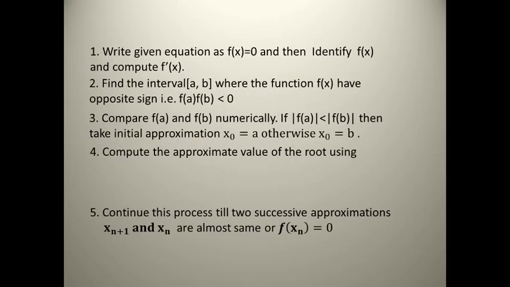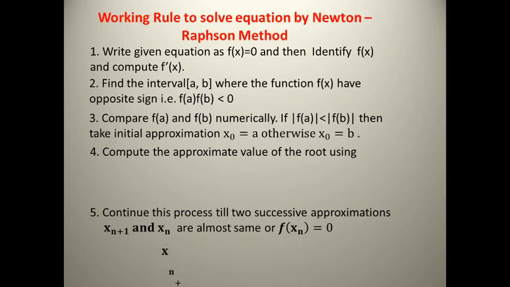Okay, so let's see what the working rule is to solve the equation by the Newton-Raphson method. First of all we will write the equation as f of x equal to 0, identify f of x and then f dash of x.